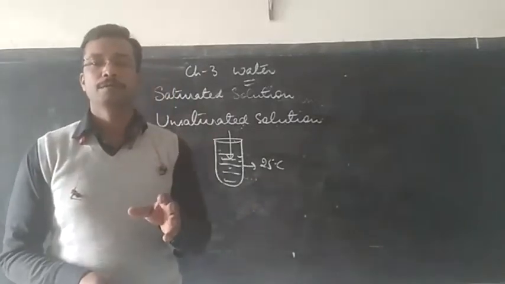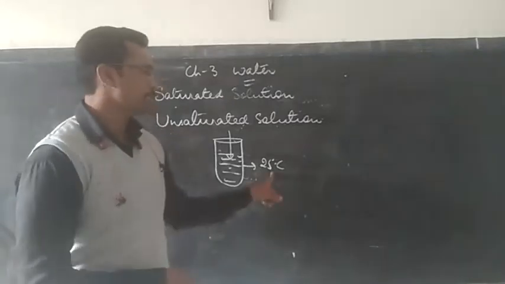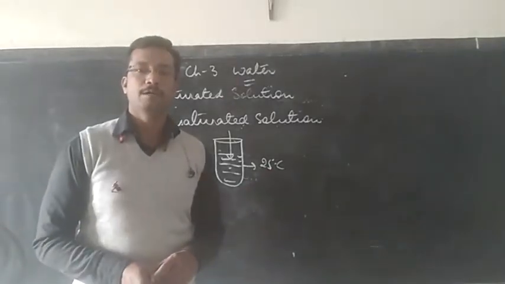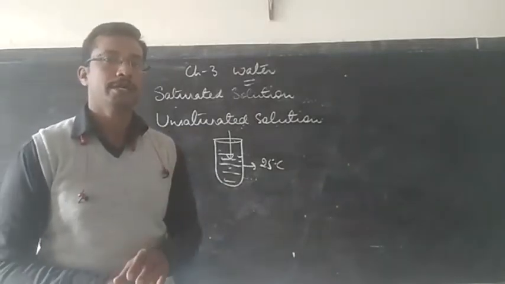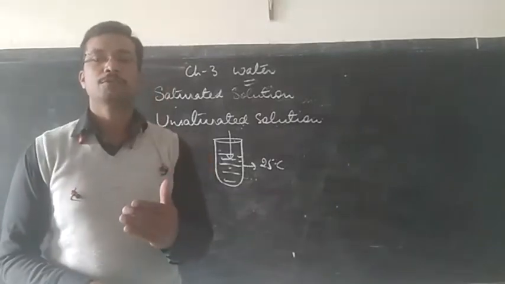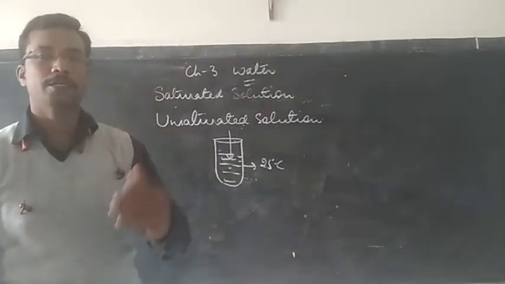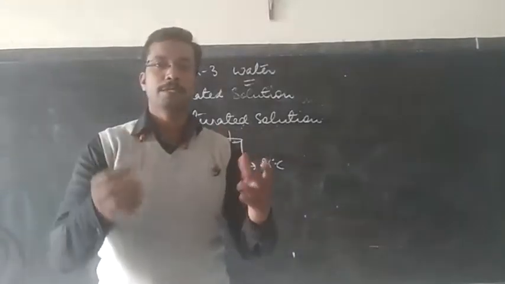But the moment we find sugar stops dissolving at this temperature of 25 degrees, we can say that we have come to the stage where the solution is a saturated solution. So in a saturated solution, sugar or any other solid particles cannot be further dissolved at the given temperature.